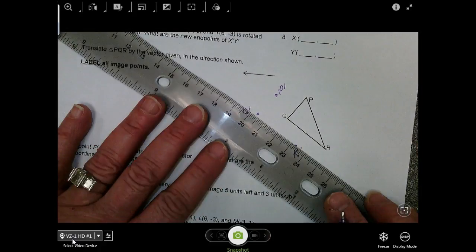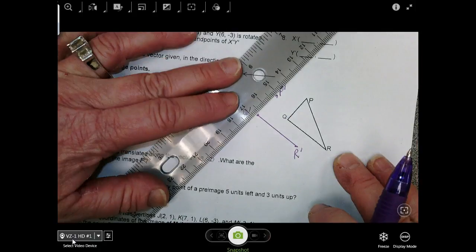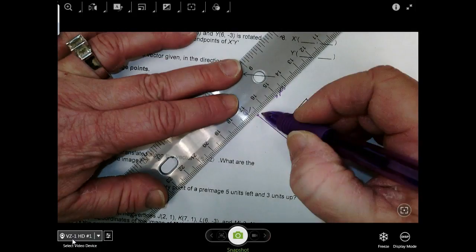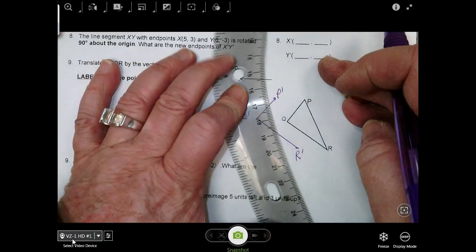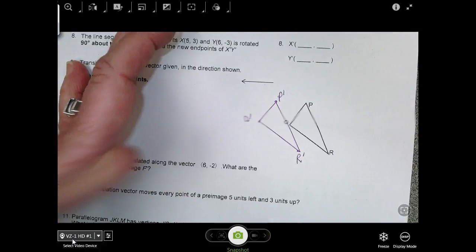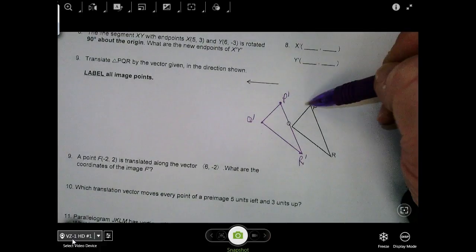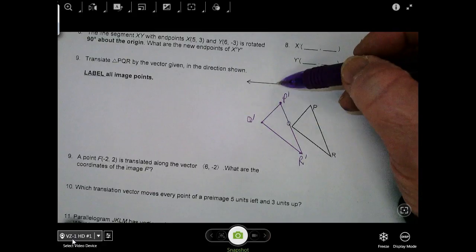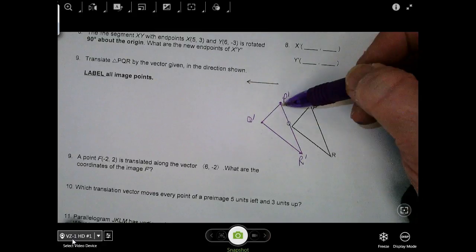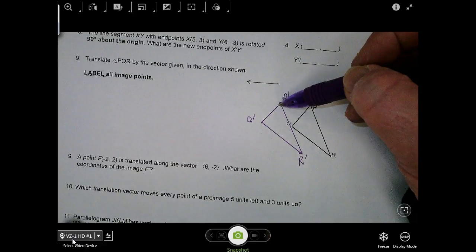Okay, and then connect your points. Okay, that is a translation in this direction of each of these points. If you were to connect the points, this would be the length, 17 millimeters apart.